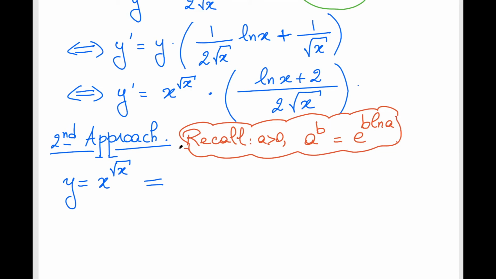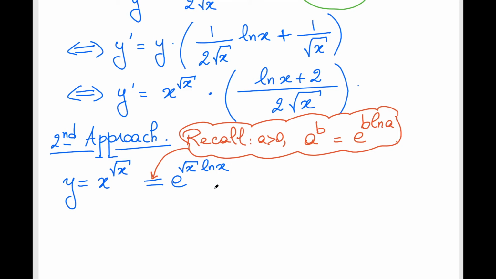I'm using this with the base a and the exponent b, and the base in our context is positive, as we just said, cannot be 0 or less. Then I can rewrite this expression as e to the power b, which is square root of x, times ln of x. Agree? Can use it like this.